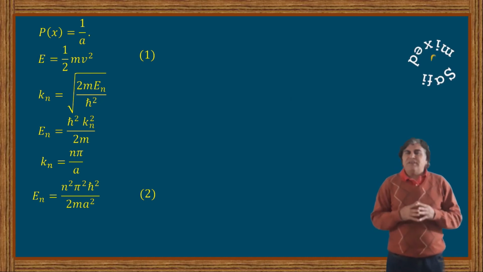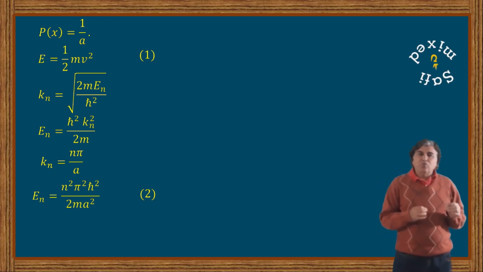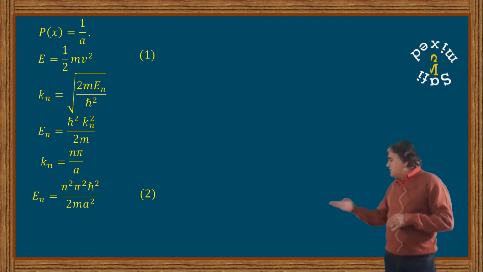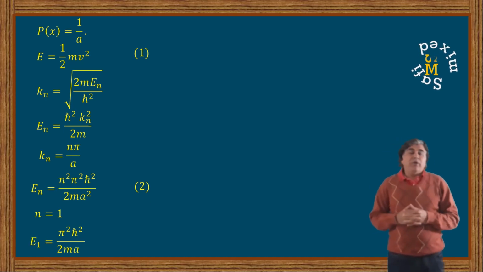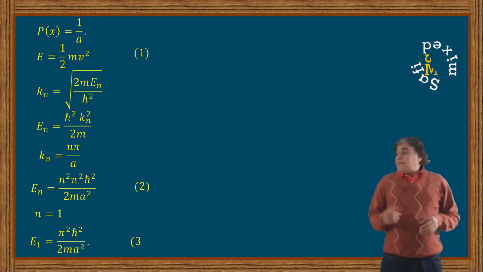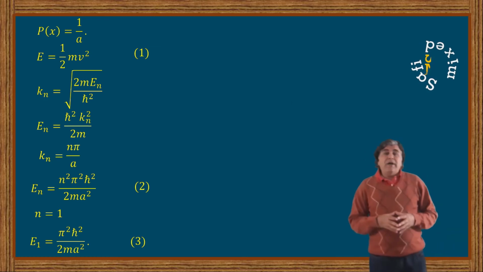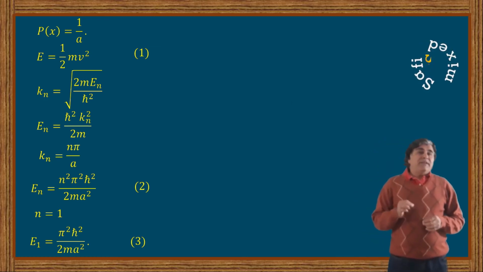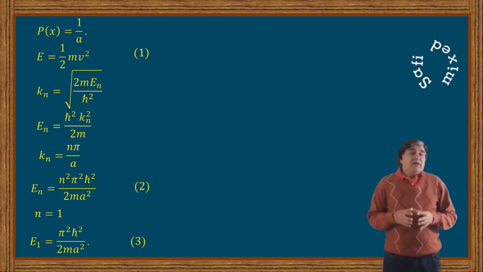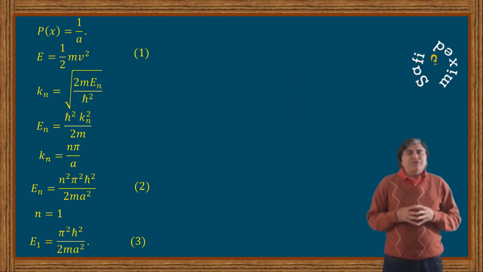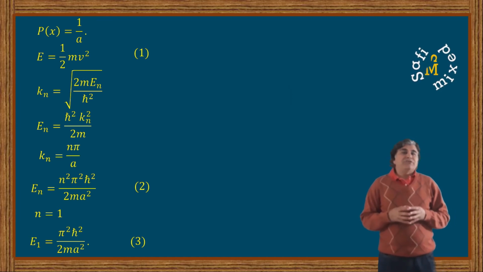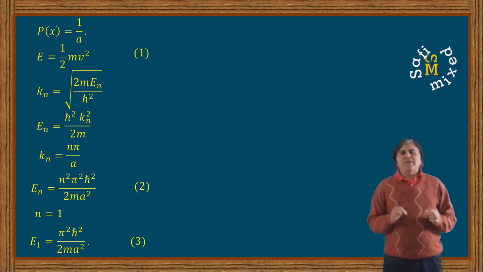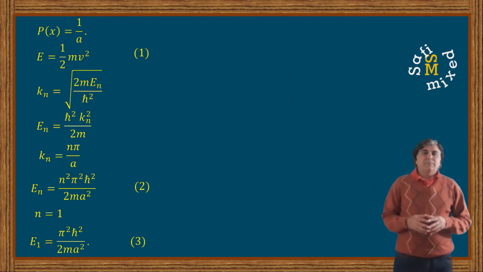For the lowest energy level, that is for n equal to 1, this energy reduces to this form, pi squared h bar squared divided by 2m a squared. This relation means that a quantum particle can never be stationary. This lowest energy is referred to as zero point energy and is purely quantum mechanical in nature.